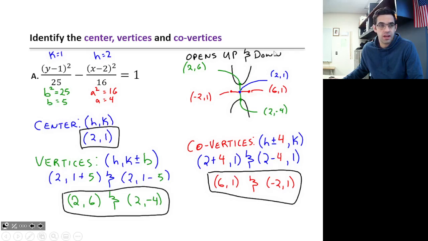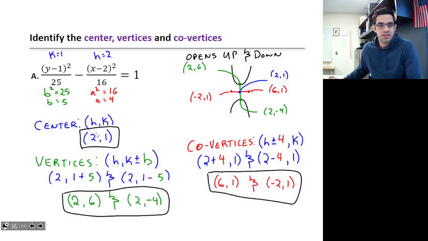So I know that I have to look at my center. If we have x minus 2 and y minus 1, then (2, 1) is our center. Since our y squared is divided by 25, then our b is 5. And since our x squared is divided by 16, our a is 4. Because 4 squared is 16 and 5 squared is 25.